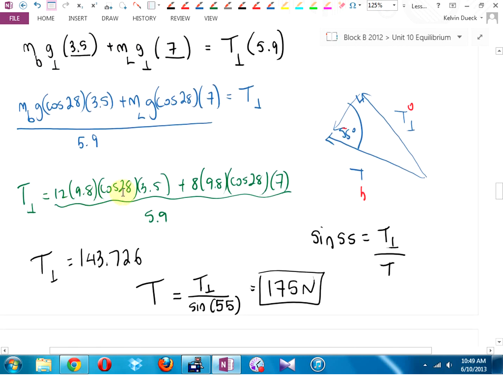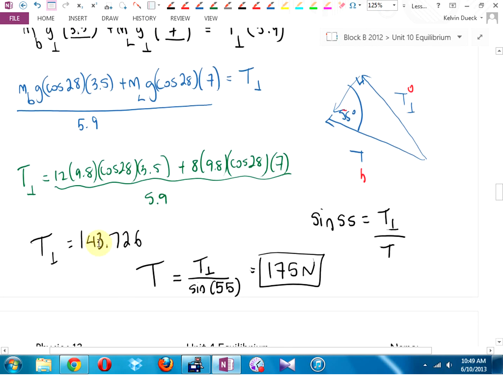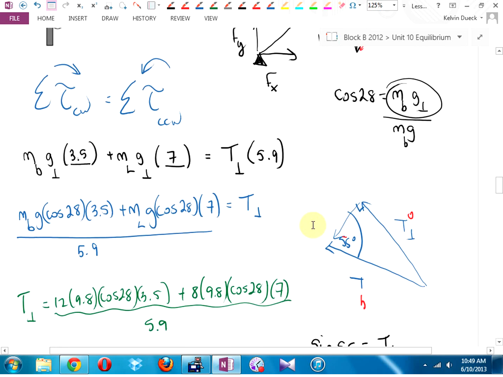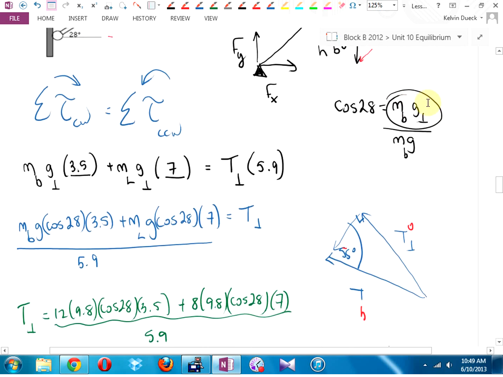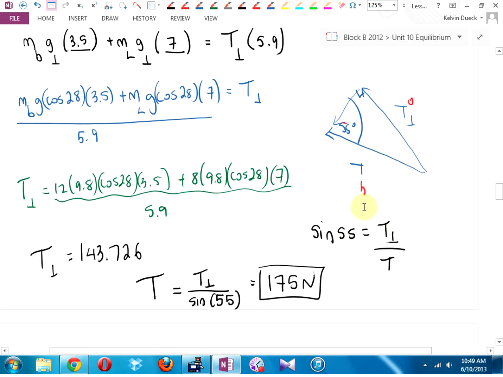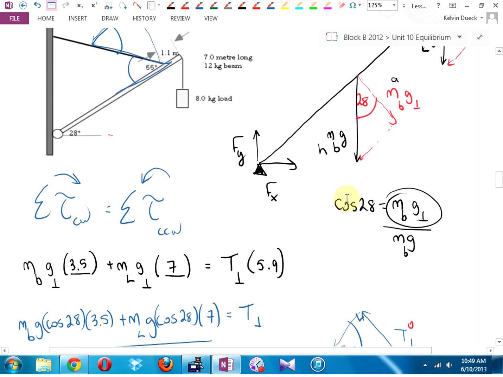I would give you 1 mark for putting in the correct trig functions, so we're up to 3 now. 1 mark for finding perpendicular, that's 4 marks. 1 mark if I saw that there, 5 marks. 1 mark for the answer, 6 marks, and probably 1 for the free body diagram. It was a good mark. The nice thing is, they were tough to get 0 on because every kid memorized that if I write the torque thing down, he gives me a mark. If there's a beam, I write it, but you get to know your stuff.